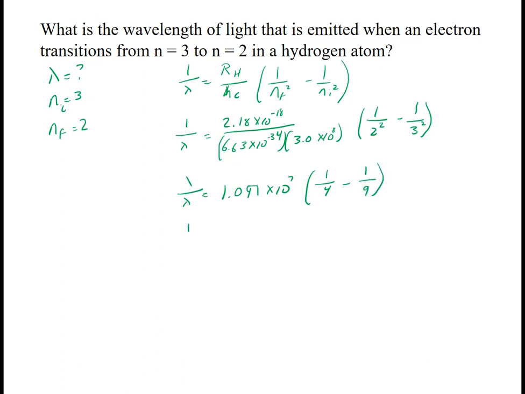So I get 1 divided by lambda is 1.097 times 10 to the 7th, and when I subtract 0.25 minus 1/9, I get 1.389, sorry. I multiply these two terms together.